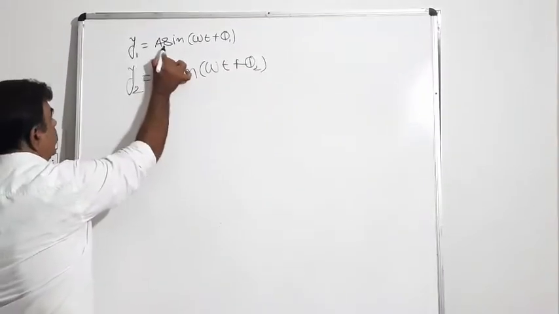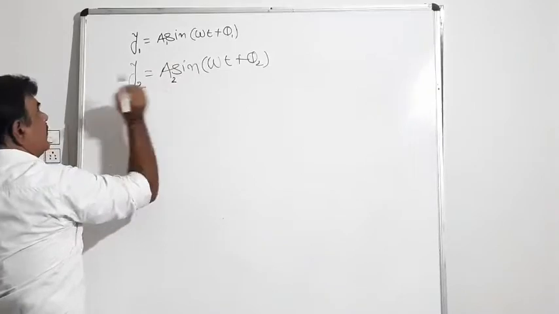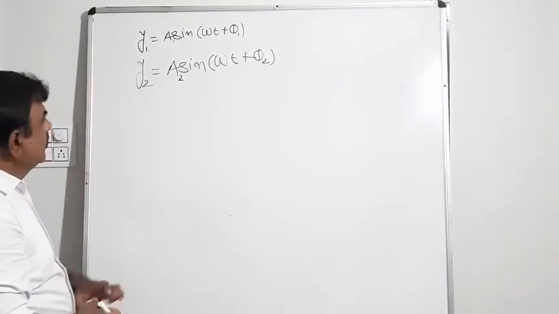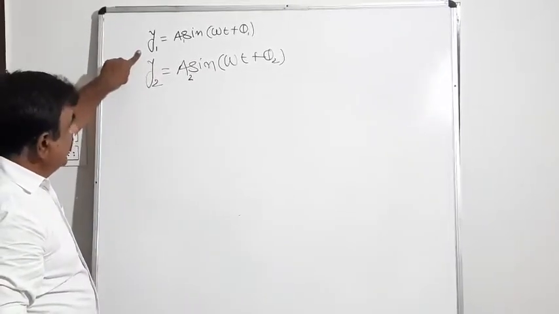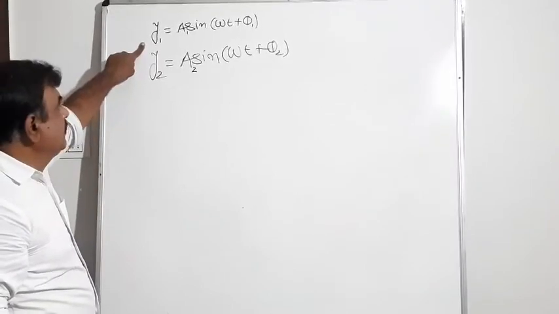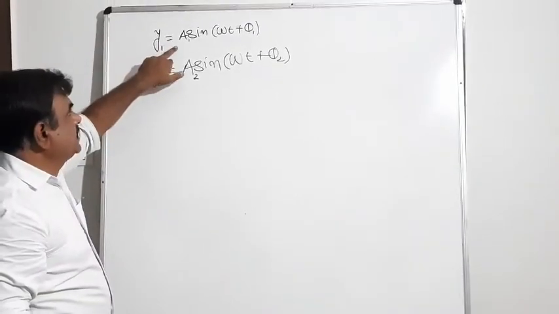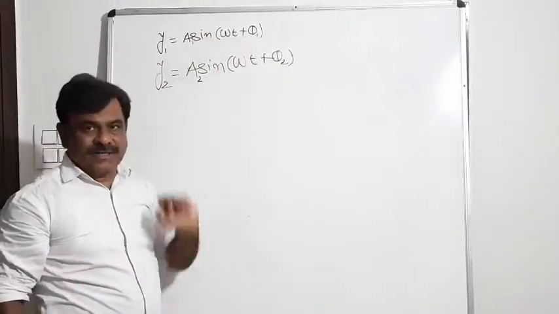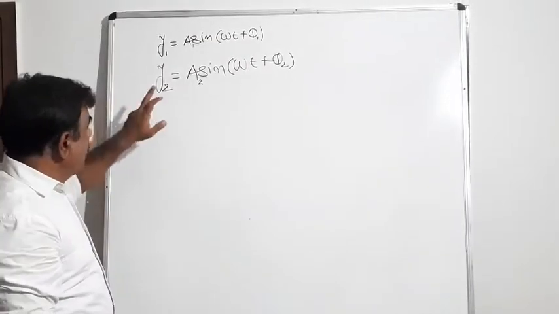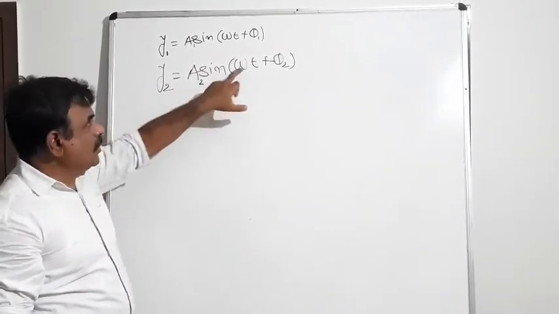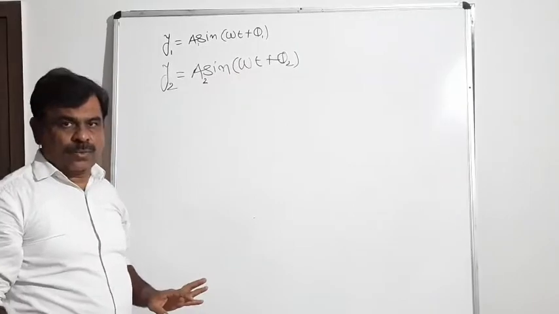Let's take the amplitudes as a1 and a2; the amplitudes are also different. So y1, the first SHM, is a1 sine omega t plus phi 1, and y2 is a2 sine omega t plus phi 2.